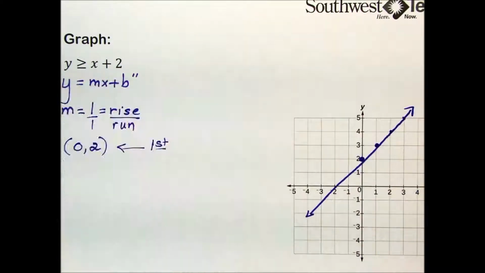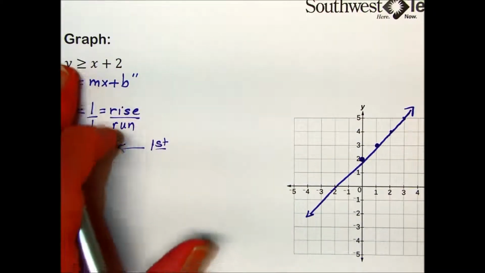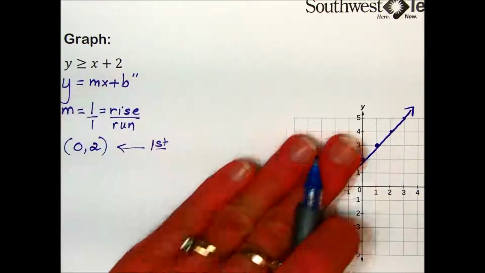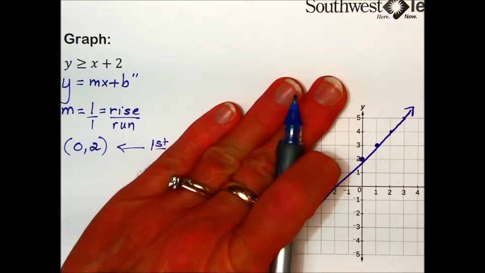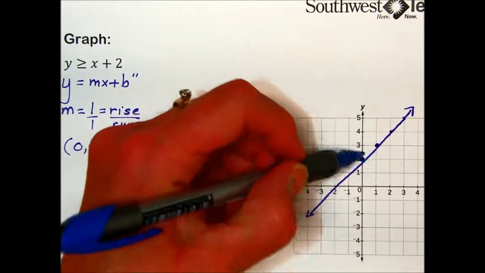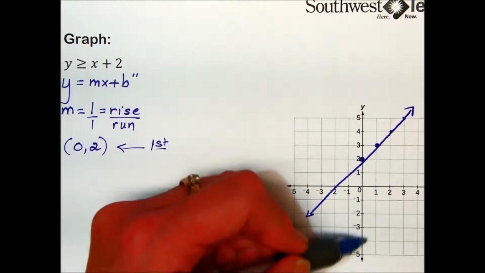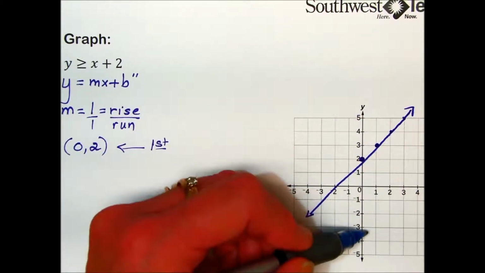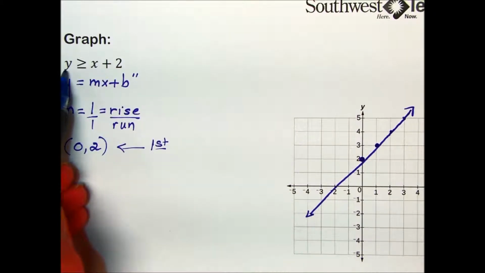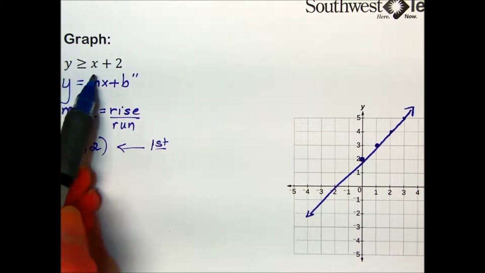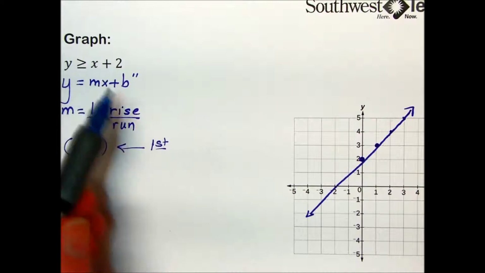Once we have the line, we're looking for all of the values that have y greater than this line, and all these points above the line, the y value is getting larger. If you just look at your y-axis, the y values are getting smaller below, so every ordered pair there would have a smaller y, and we want all of the ordered pairs where y is greater than or equal to this line.